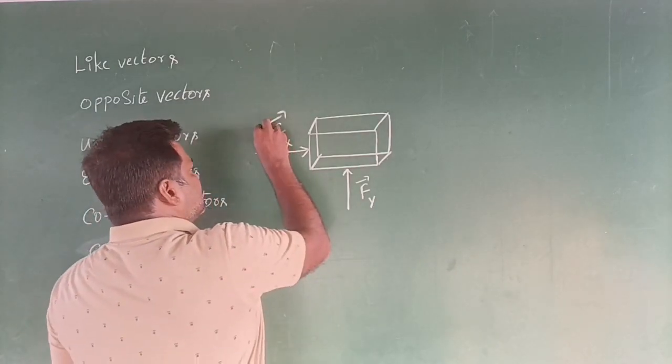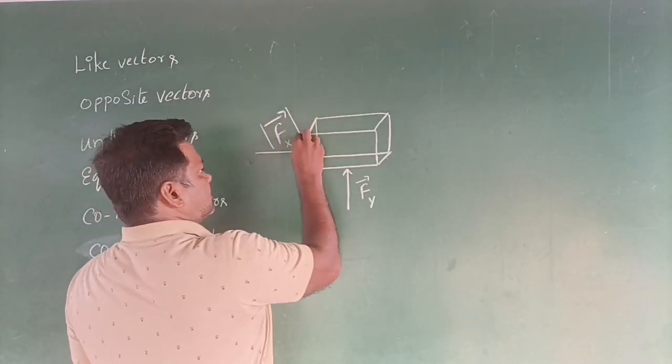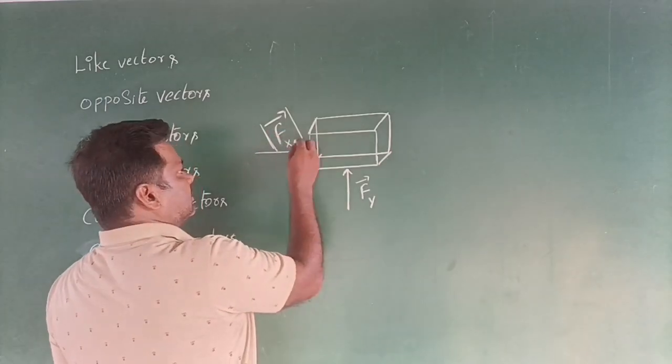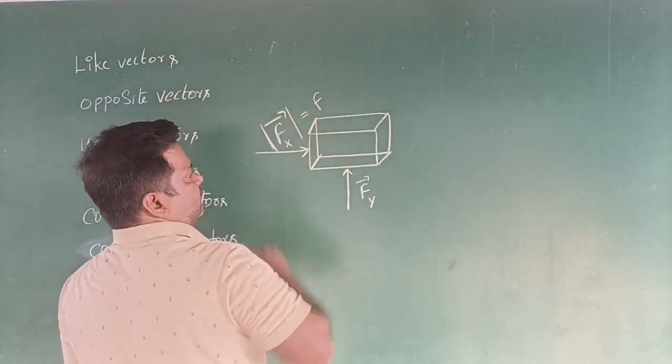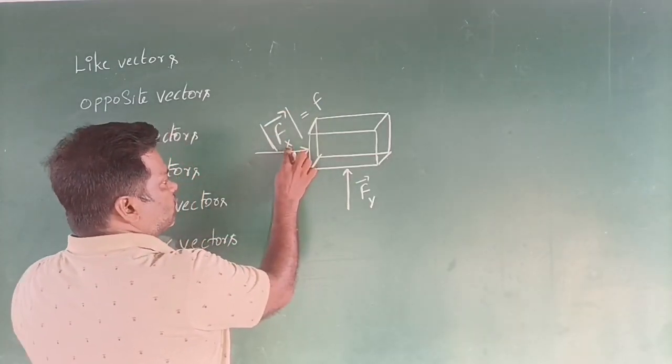Suppose, what is the force acting along the x-axis? Observe here how I am writing. This is the magnitude. You can write it like this: F, magnitude of force.